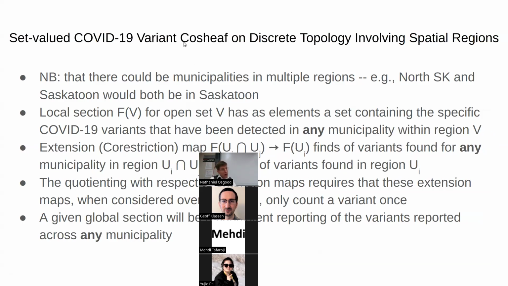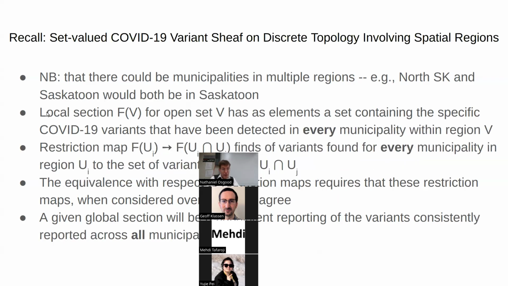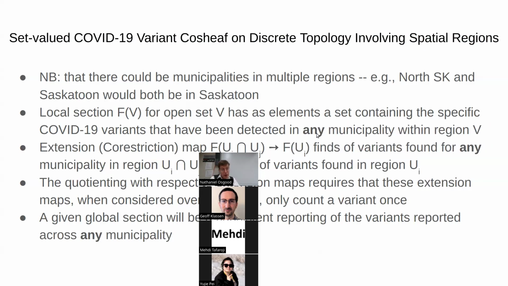But for cosheaves, instead of the local section being a set which has variants detected in every municipality, each and every one, no. Now, for cosheaves, the local section is a set that reports elements that are detected in any of the municipalities. Again, glomming up, taking all of these things, just not double counting.